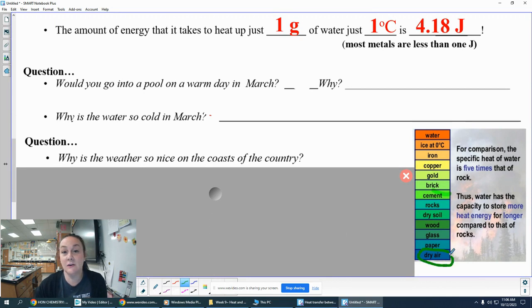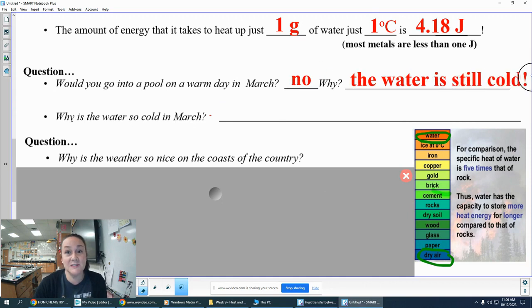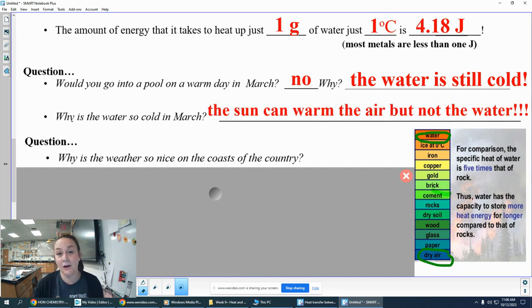Dry air is very easy to heat and cool. Okay. However, water takes a ton of energy to heat up compared to that. So you wouldn't be able to run and jump in the pool because it's still cold in March. Just because it got warm outside doesn't mean that water is at all warm, because the sun can warm the air, but not the water.